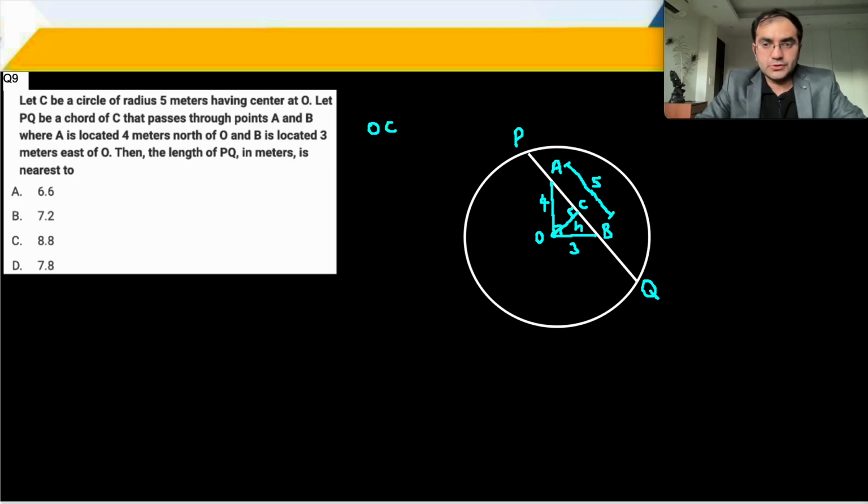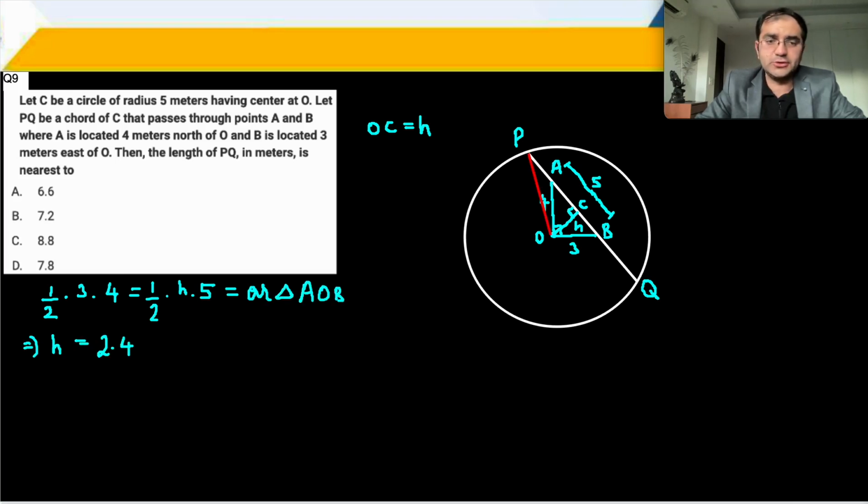So your OC is now H. Now area of triangle AOB, half base 3 altitude 4 is equal to half altitude H base AB, which is 5. From this you will get H. H turns out to be 2.4.